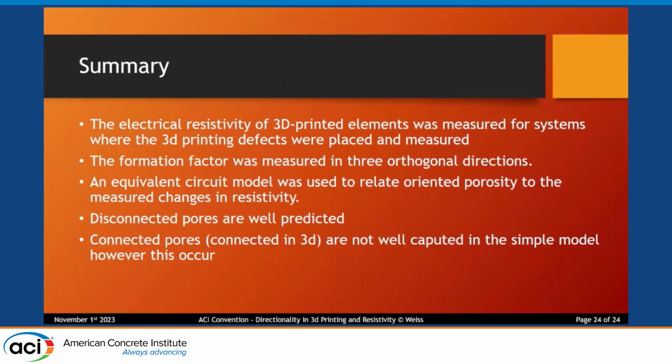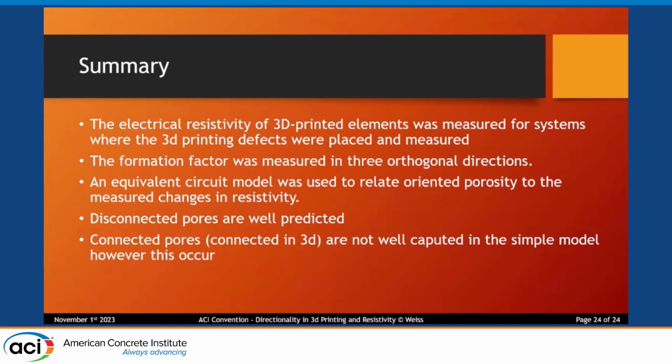So in summary, the electrical resistivity of 3D printed elements has been measured for several systems where we've intentionally introduced printing defects. The formation factor, or the resistivity, has been measured in these 3 orthogonal directions. We know the materials are not isotropic, and we have to start treating them anisotropically. We see that the equivalent circuit model is useful related to the oriented porosity because we can detect the change in resistivity.